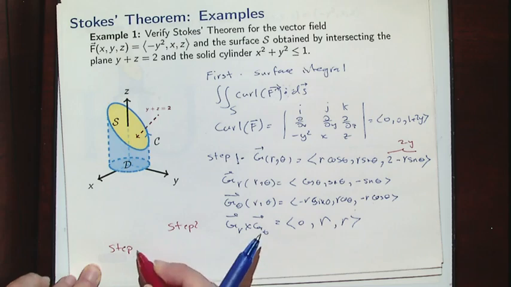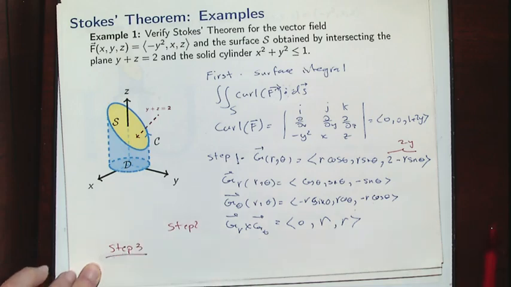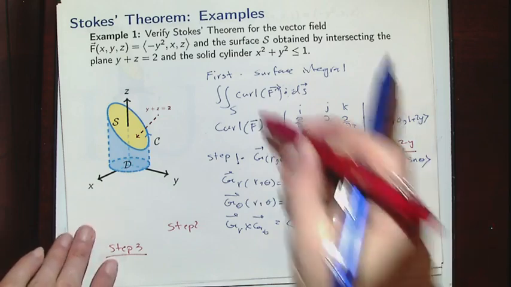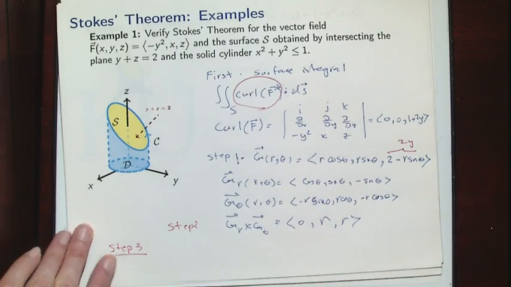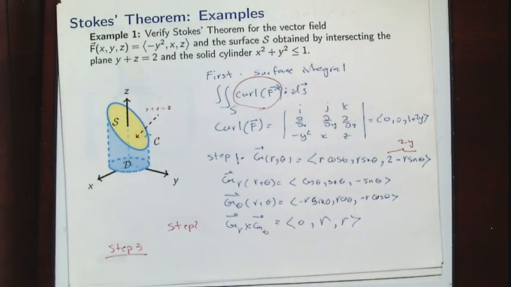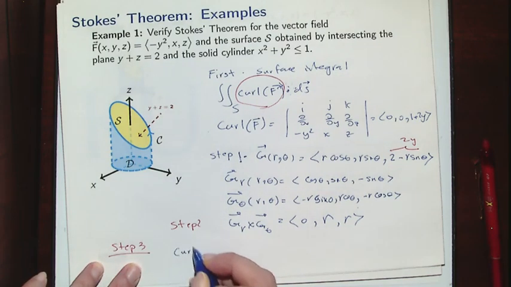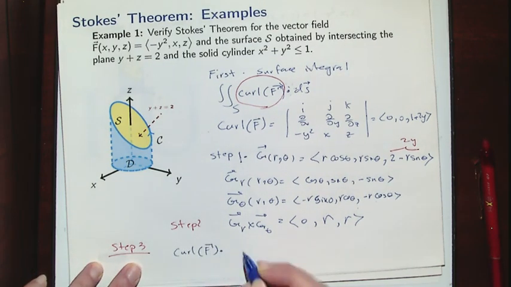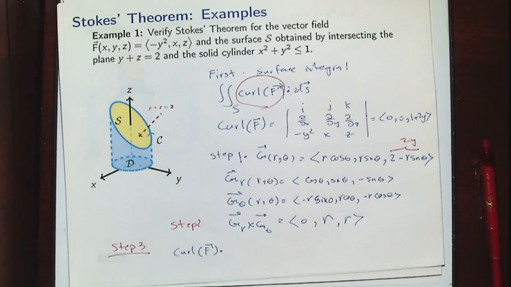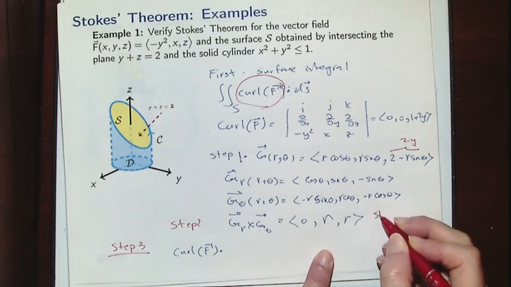What is my integrand? Curl of f is my integrand. So I'm going to dot curl of f dot, oh wait, I skipped this step. You guys can complain. What is step 3?